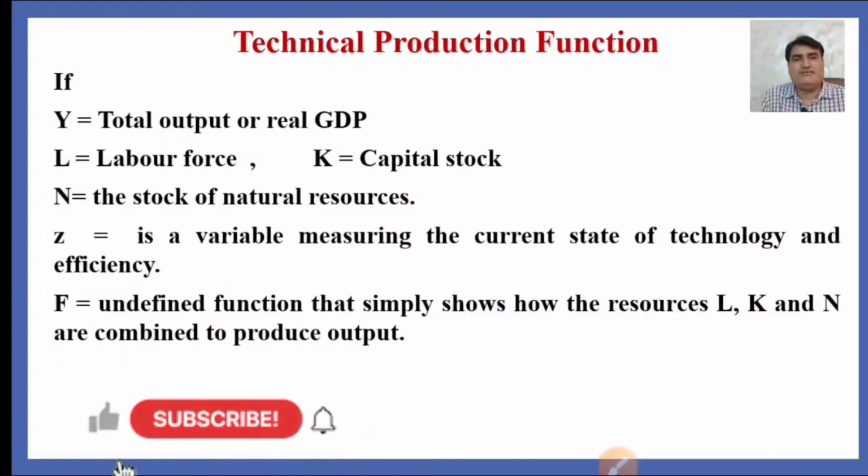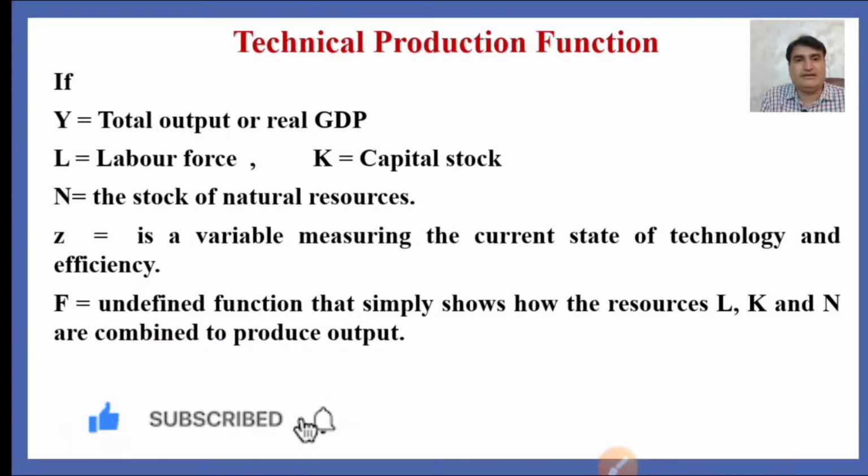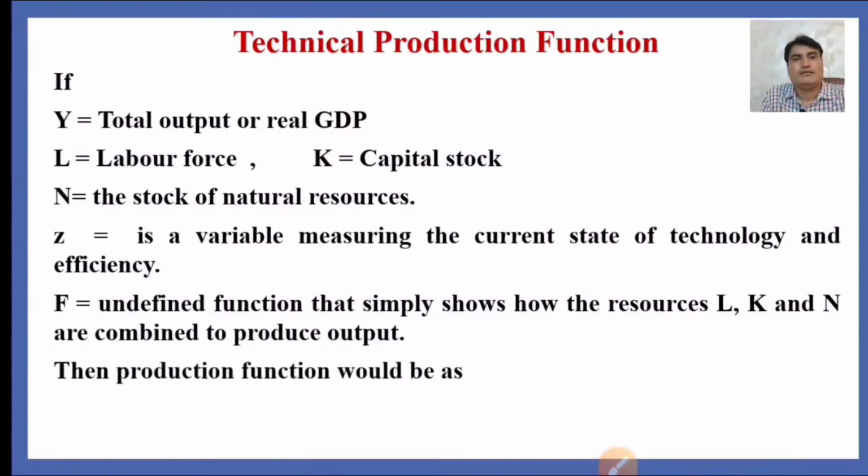F is an undefined function that simply shows how the resources, labor, capital, and natural resources are combined to produce output. Then the production would be Y = ZF(L, K, N), which is the technical production function, because here Z is a variable measuring the current state of technology and efficiency.